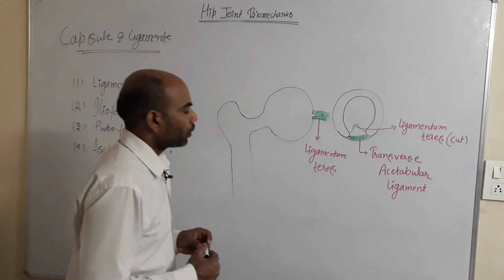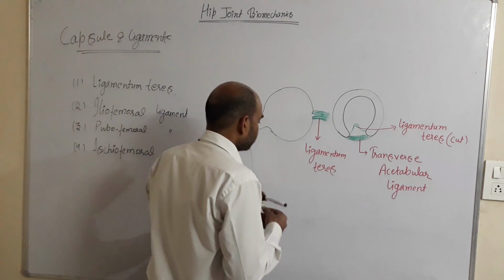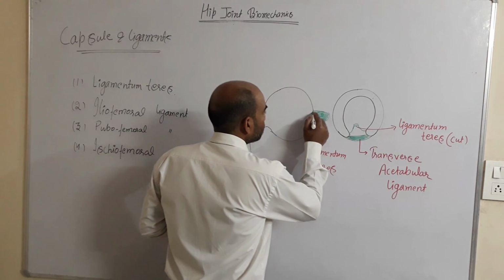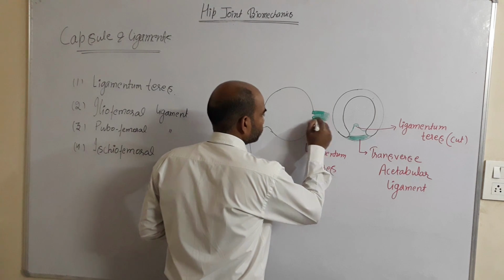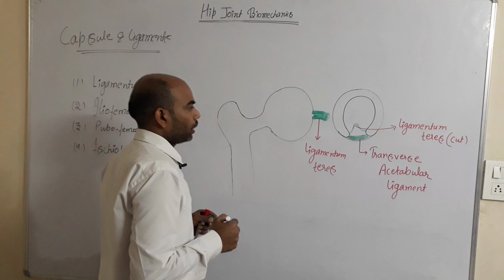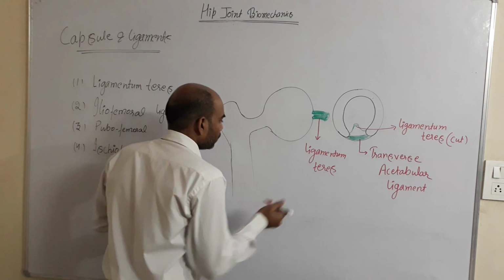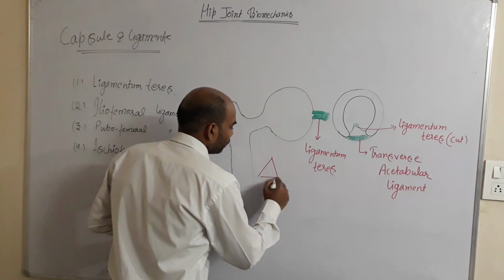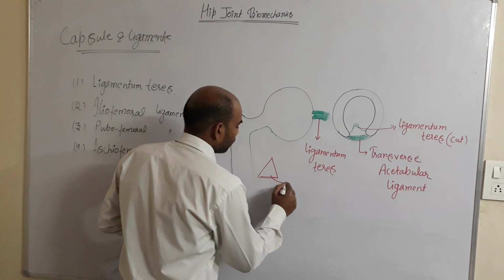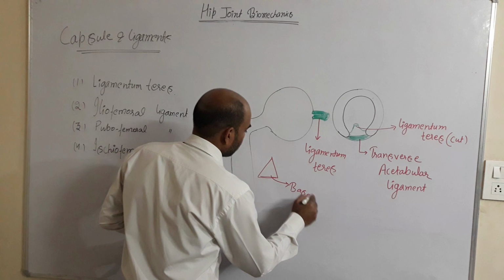Ligamentum teres is also called the ligament of the head of the femur because it is directly attached to the head of the femur, mainly in the center of the head. It is a triangular shaped ligament, so it has two attachments, base and apex.